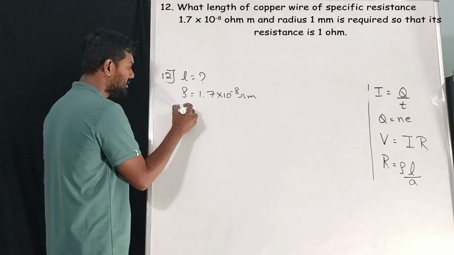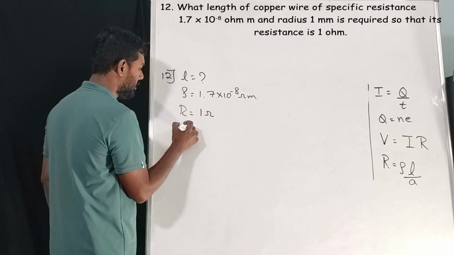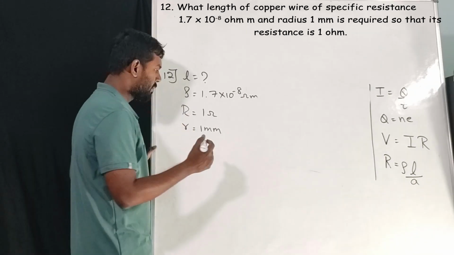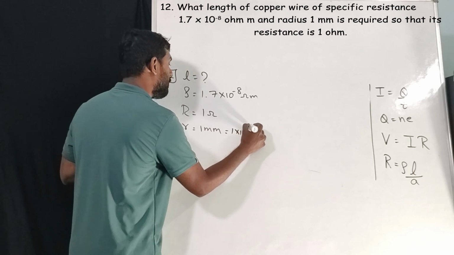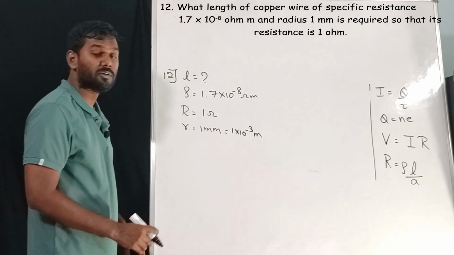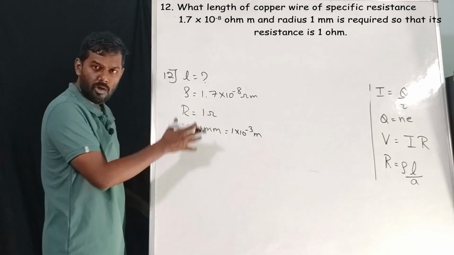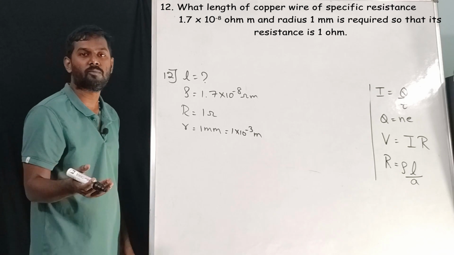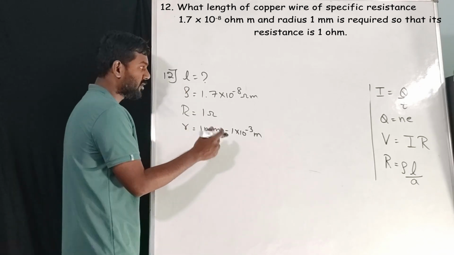Then resistance is also given, R is equal to 1 ohm, and radius is given, that is 1 mm. 1 mm is equal to 1 into 10 power minus 3 meter. We have to convert this into meters. This is very much important. If you don't convert it, the answer will be wrong, and you will get 0 marks. So convert this into meters, SI units.